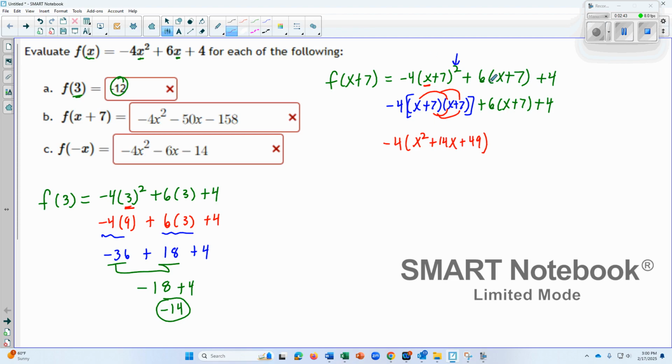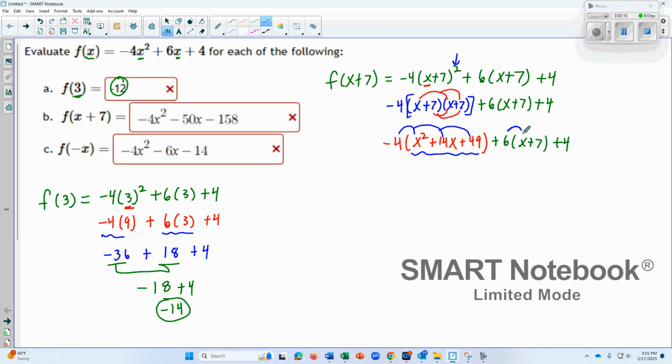Then let's see, what else do we need to do? So then, actually, let's go ahead and write what I still have here. We'll do the next step all together. All right, so then now you have to be careful that that -4 needs to get distributed to this whole thing that came out here, this quadratic, this trinomial right here. So we're gonna have to distribute it here, here, and here.